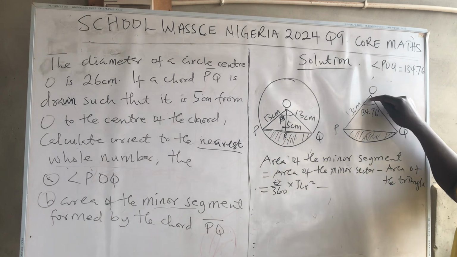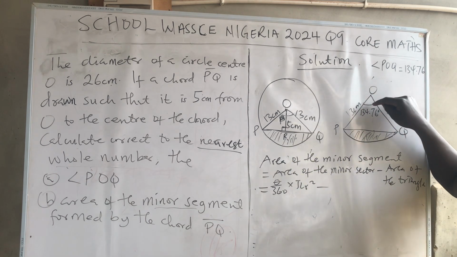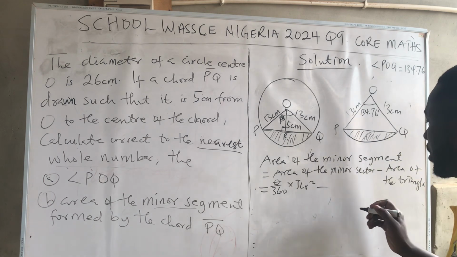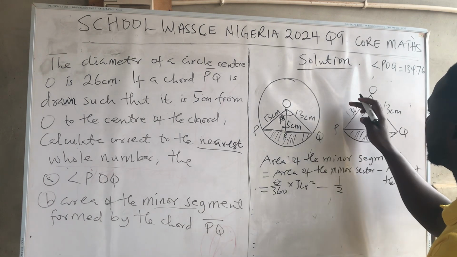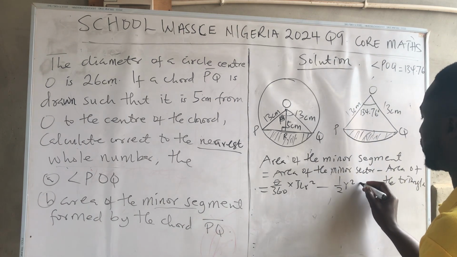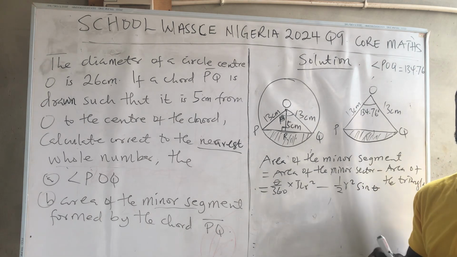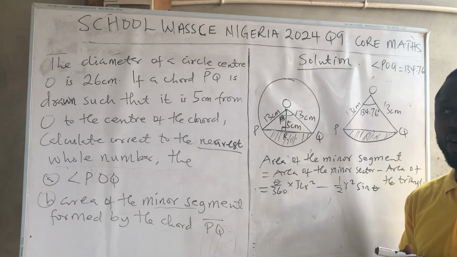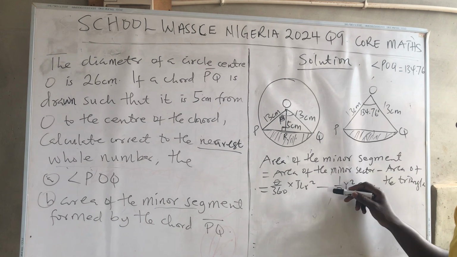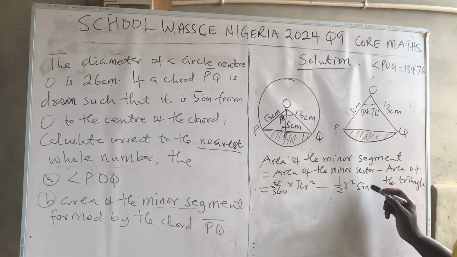When you know the angle and the two sides adjacent to the included angle, the area of the triangle is half r squared sine theta, where theta is the angle at the center of the circle. As time goes on, I'll take you through why the area of a triangle becomes this, because we know the area of a triangle is half base times height, but it's the same thing.